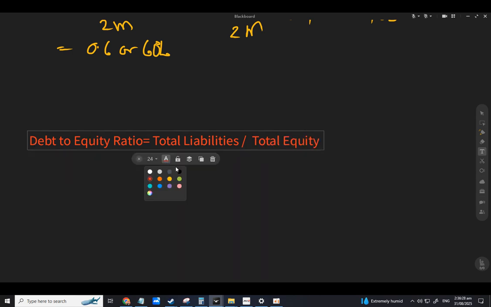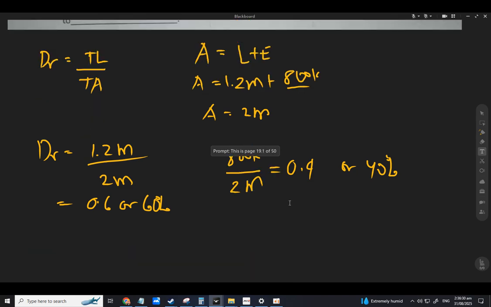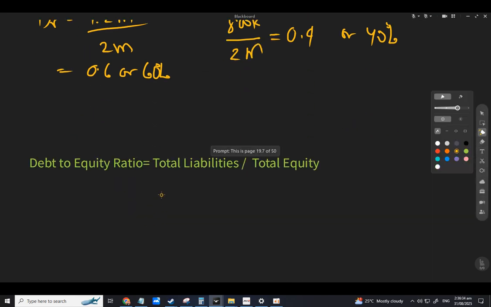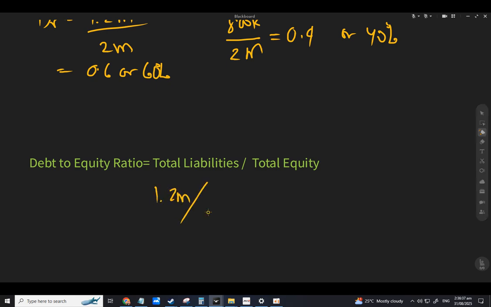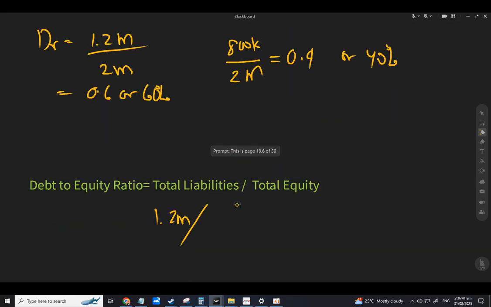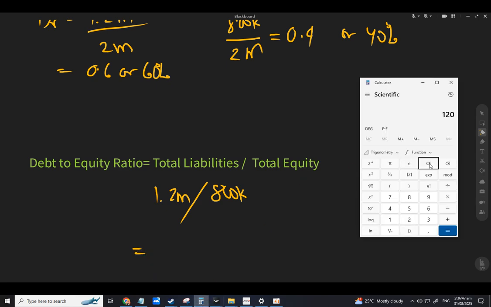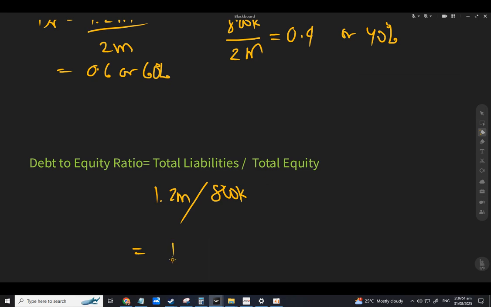Our total liabilities are 1.2 million, divided by total equity, which is 800K. Using a calculator, that will be 1.5.